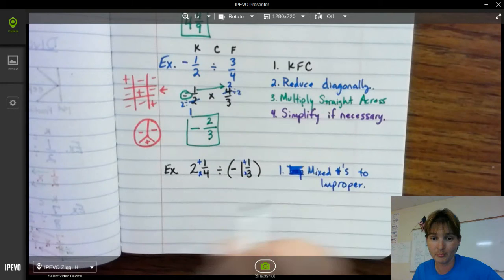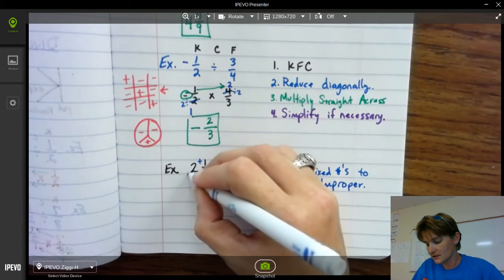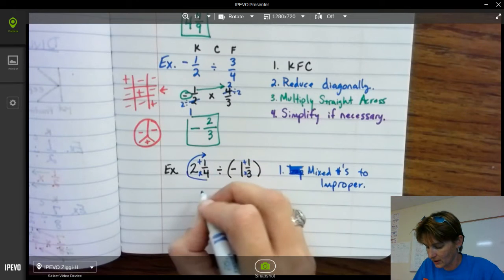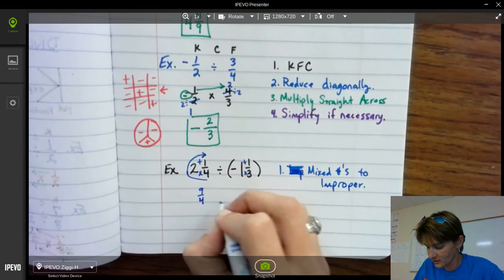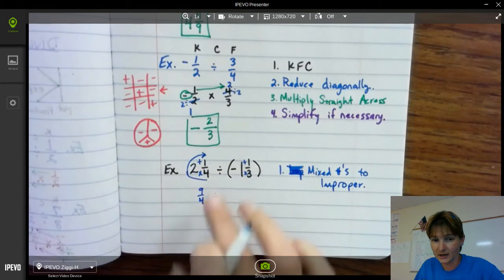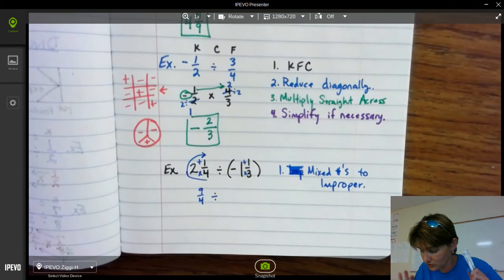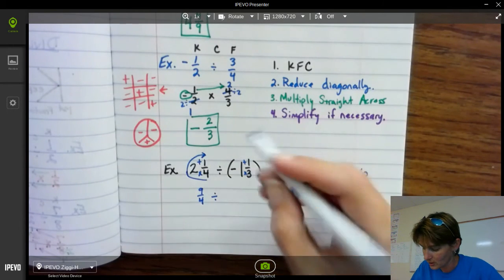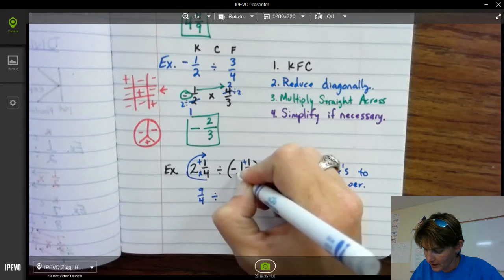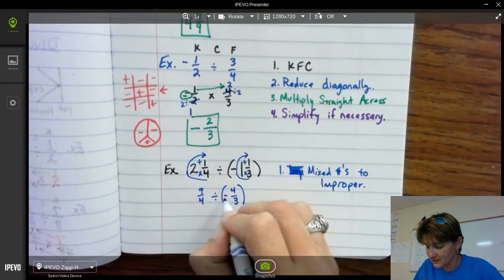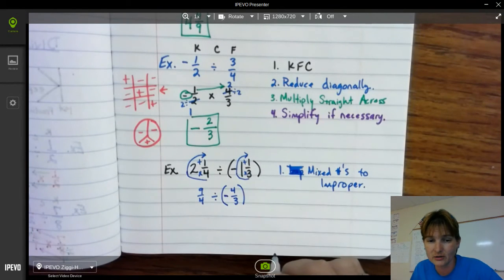And we do that by using the Texas method on both. So 4 times 2 is 8, plus 1 is 9/4. Haven't done anything with changing the sign or anything just yet. Just still division. Don't try to get ahead of yourself. 3 times 1 is 3, plus the 1 is 4/3. I haven't done anything with this negative either. So 4/3 is still a negative fraction.